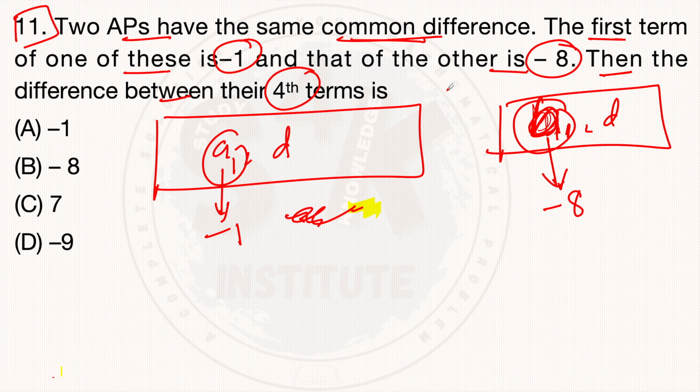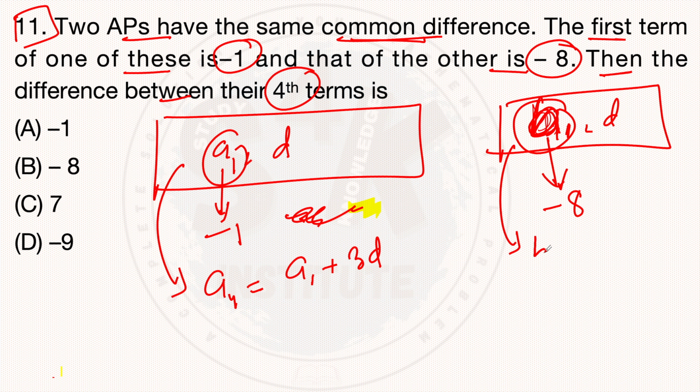They are asking for the difference between their fourth terms. So let's write the fourth term of this. A4 will be A1 plus 3D, and the fourth term of the other will be B1 plus 3D, right?